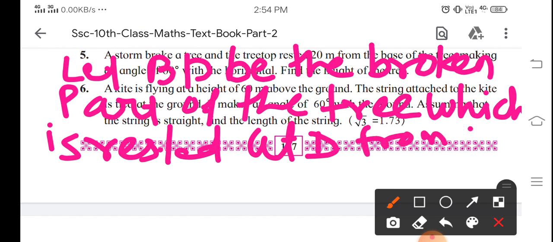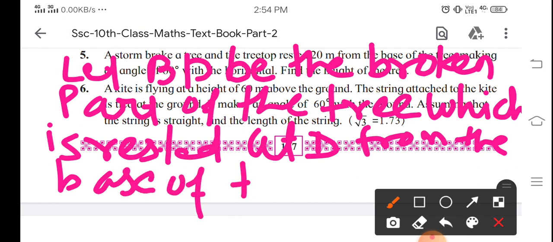From the base of the tree, because that CD is a base only, right? Base of the tree.